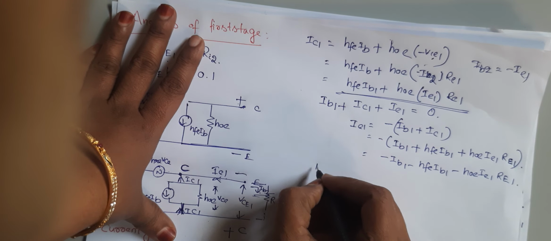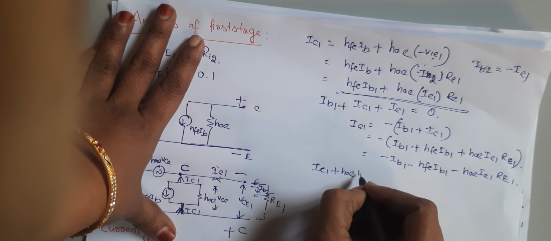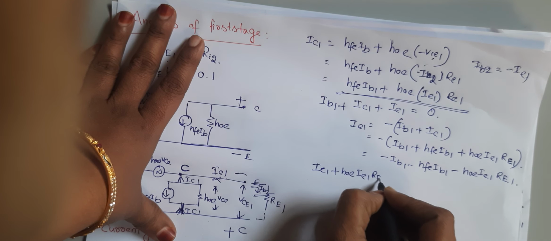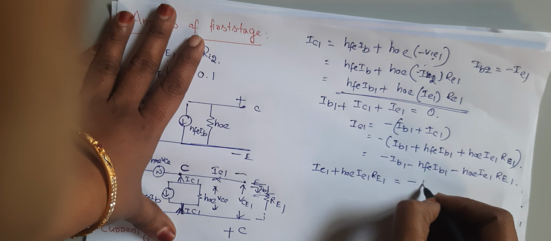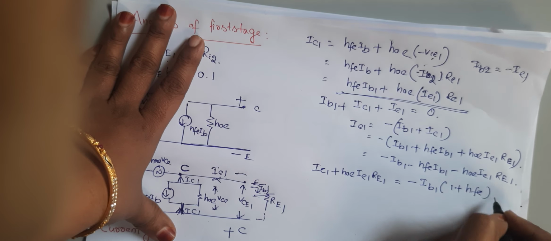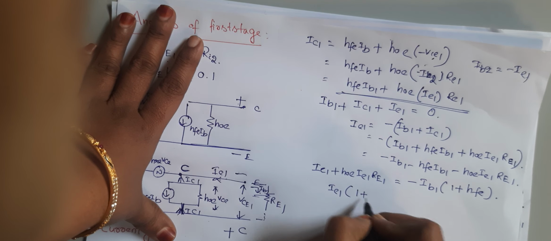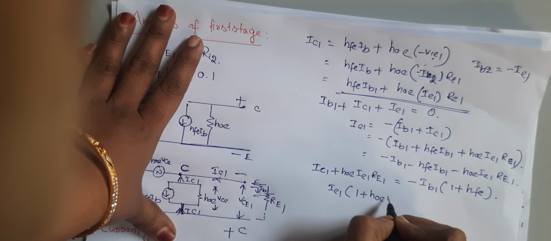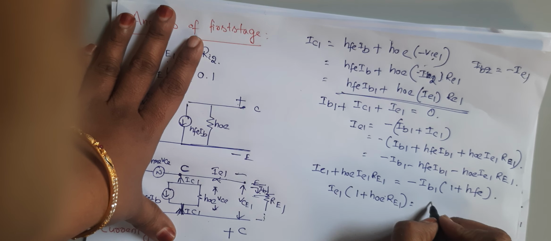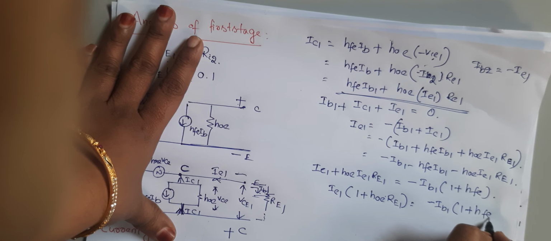So from this, IE1 plus HOE IE1 into RE1 is equal to minus IB1 times 1 plus HFE. So IE1 into 1 plus HOE RE1 is equal to minus IB1 into 1 plus HFE.